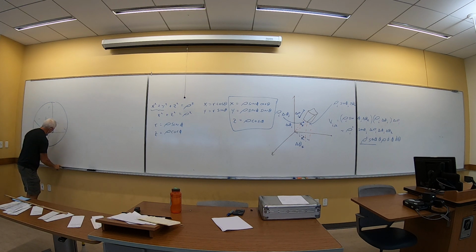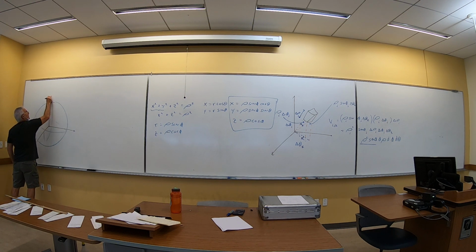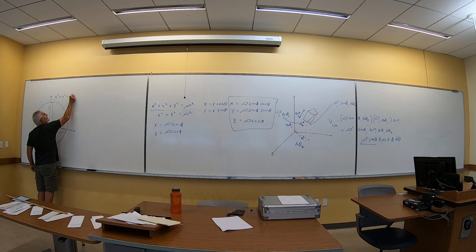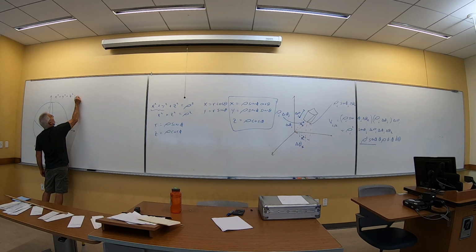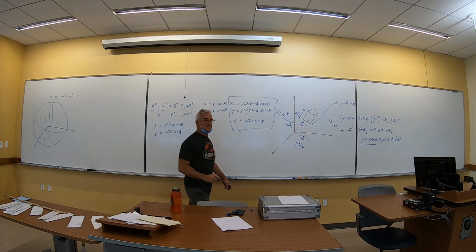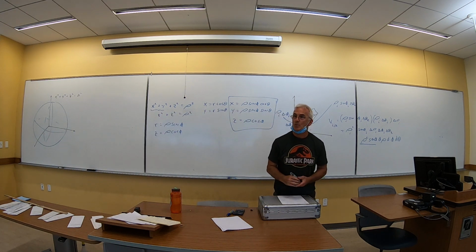The sphere is centered at the origin. I have the sphere x squared plus y squared plus z squared equals a squared. I want to find the volume of this particular sphere using spherical coordinates.